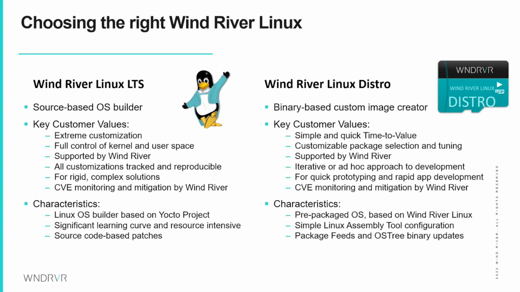We also provide package feeds. In the source-based product, you select which packages you're going to build and include in the image. In the Wind River Linux distro, we provide you with a set of package feeds, and you can use the DNF tool to add and remove packages in your image so that you get something that, once again, is purpose-built. Next slide, please.